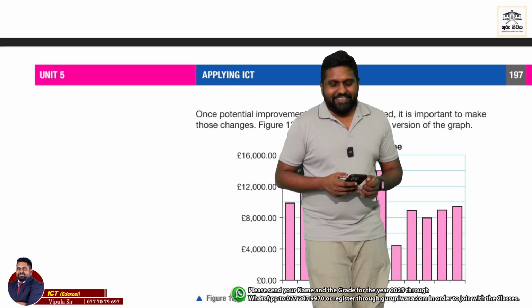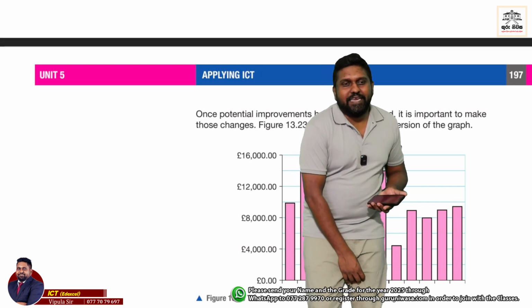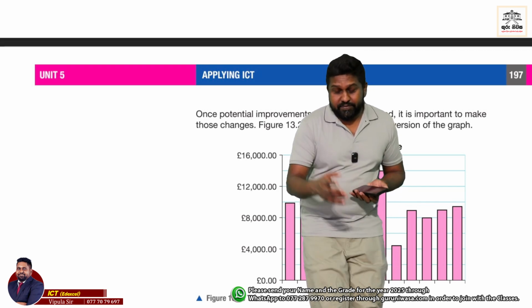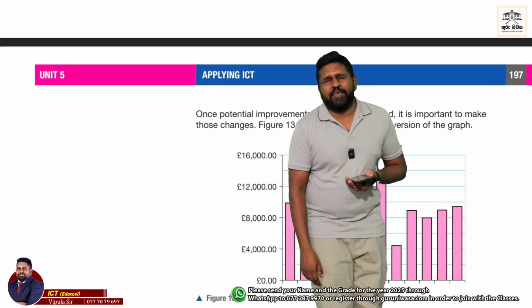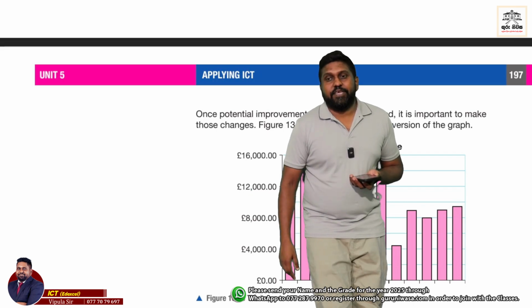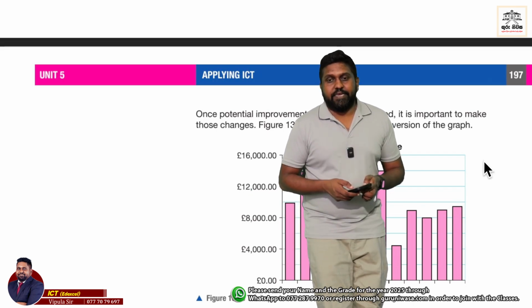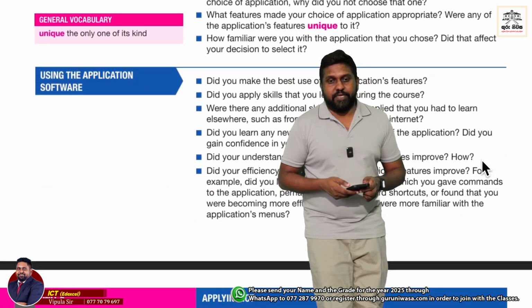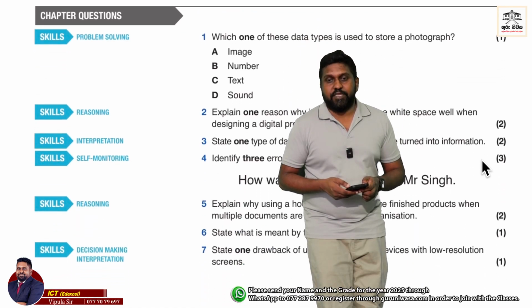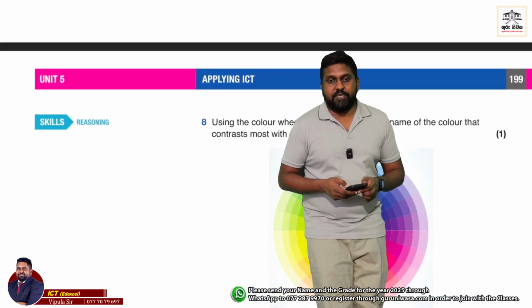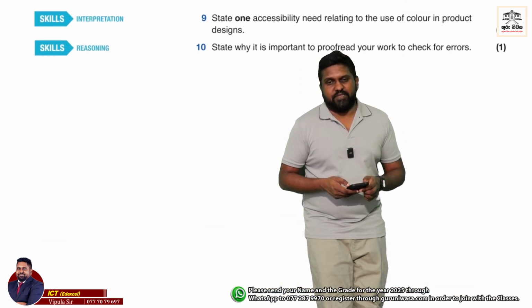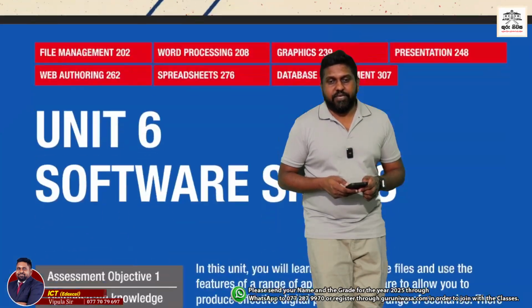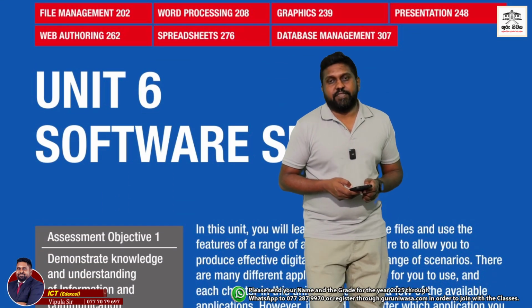So we'll wrap it up for today, and I will share the video which I did yesterday where I explain all the papers and all the details. Next week, please go through these questions. The questions are in here. These are just a few questions, and then next week let's jump into software skills.